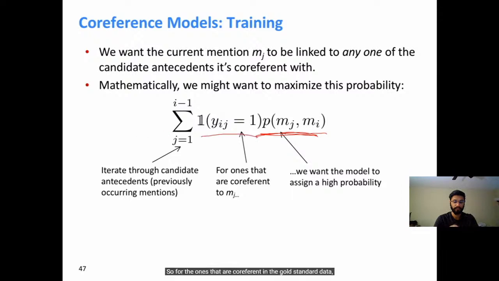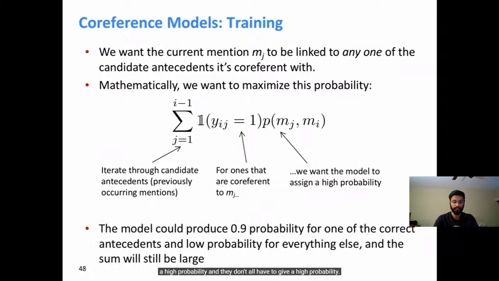For the ones that are co-referent in the gold standard data, we want the sum of their assigned probabilities to be high. What that means is that it's sufficient if one of them gives a high probability, and they don't all have to give a high probability. So providing it's giving 0.9 probability, say, to one of the correct antecedents, we're getting a high score.